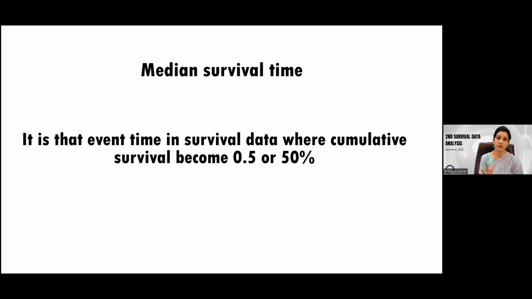Now, why do we always use median survival, not mean, in a survival analysis? Yes, anyone from the group? Can you answer this? Why not mean survival? Dhruv is saying skewed data, non-parametric. True, very true.